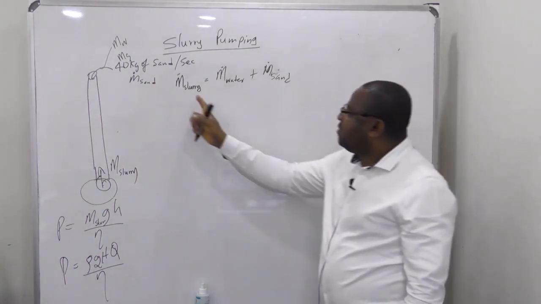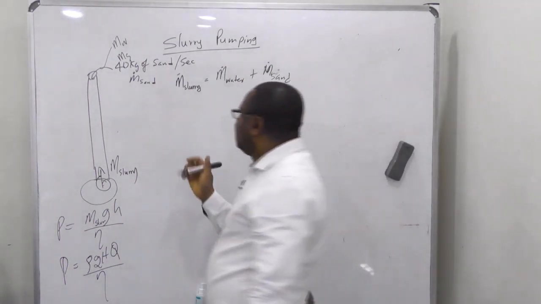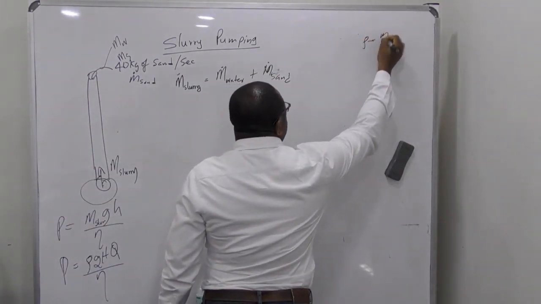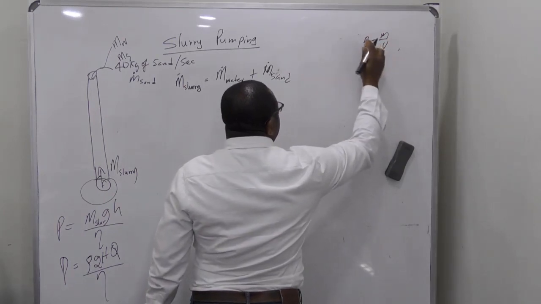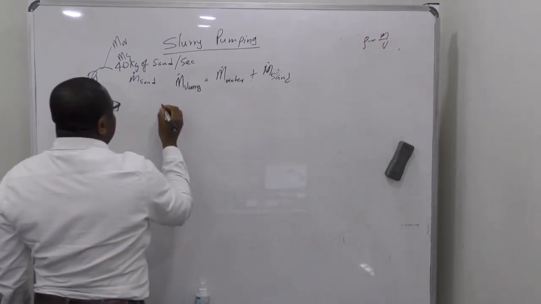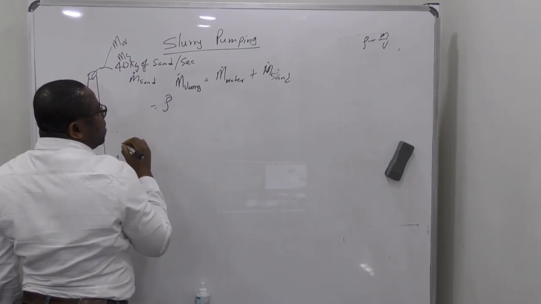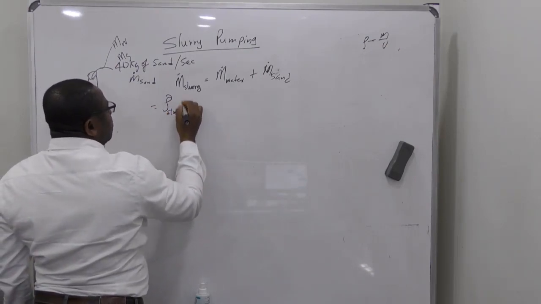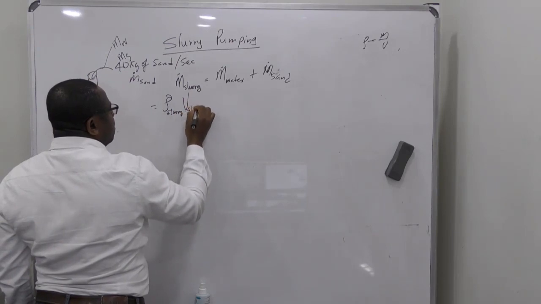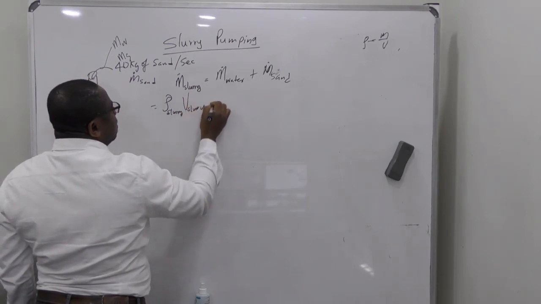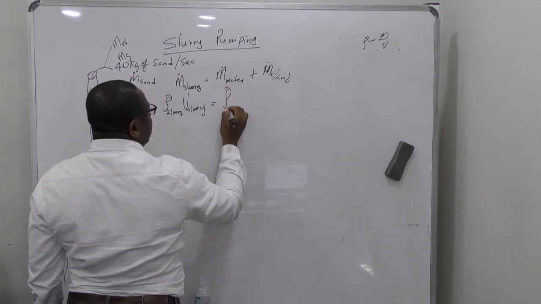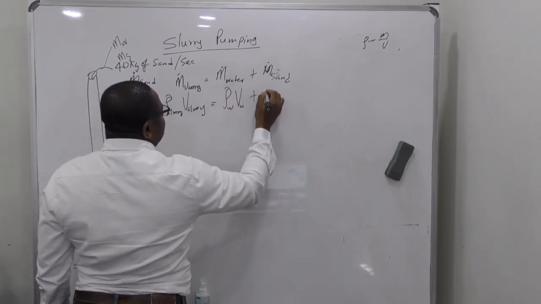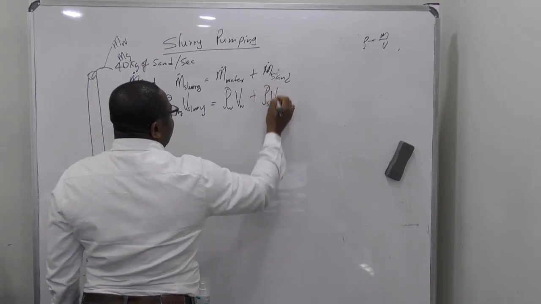And the mass of slurry, density is mass over volume, so that means mass is density times volume. So I'm going to write this: density of slurry by volume of slurry equals density of water by volume of water plus density of sand by volume of sand.